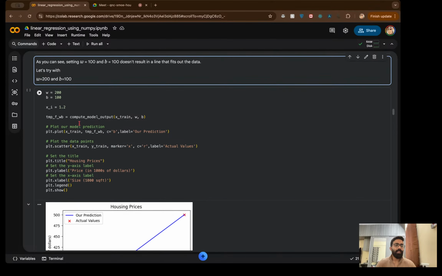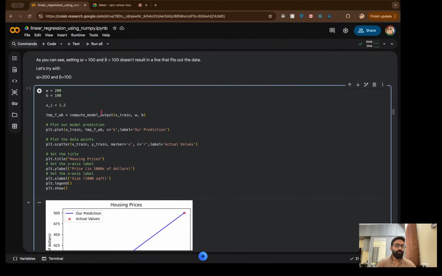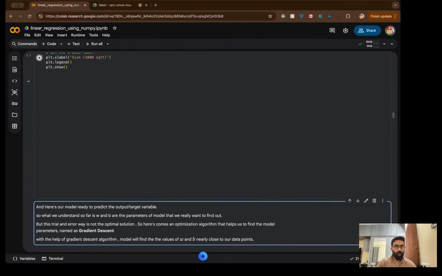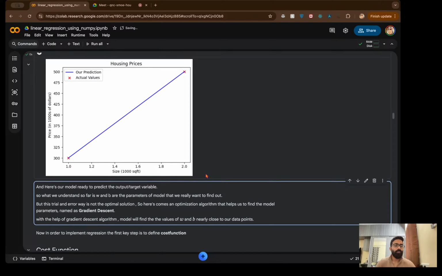Now let's try with something else. Now I'm trying with 200 and 100. Another w and b, I'm guessing now. I did nothing different, just this. I'm plotting this. Now, can you see the difference? Here, our model is ready to predict the output of the target variable. Why?